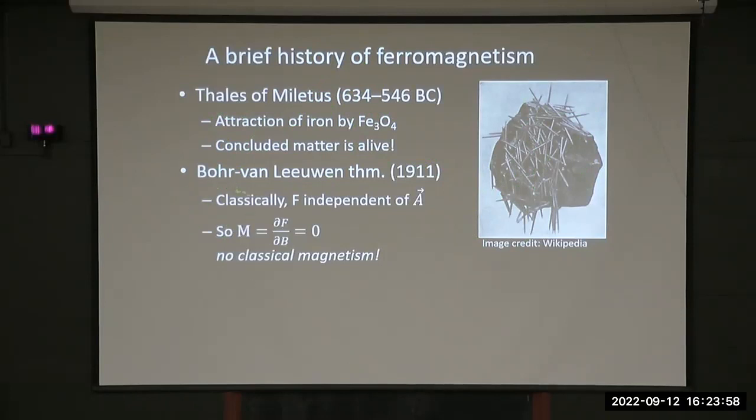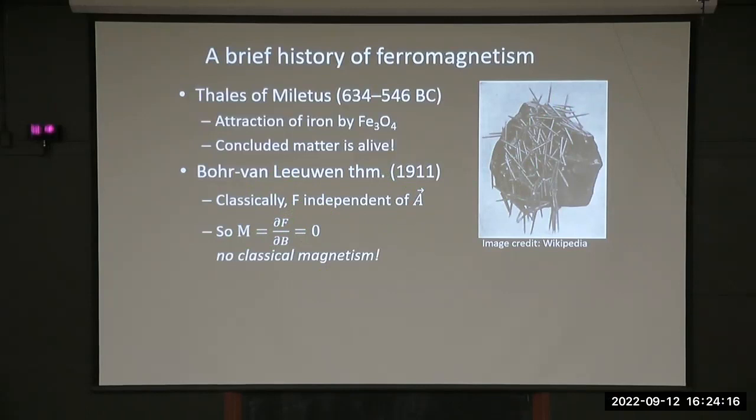Notably, Niels Bohr in his PhD thesis actually proved that the free energy was independent of the vector potential classically. So magnetism is forbidden classically, and yet it moves, right? You have magnets. So that was one of the important things in the early days of quantum theory. So it's not a classical effect, it's a quantum mechanical effect.